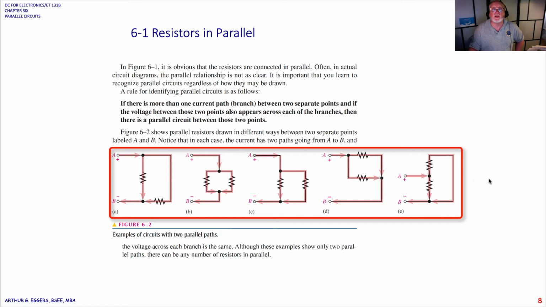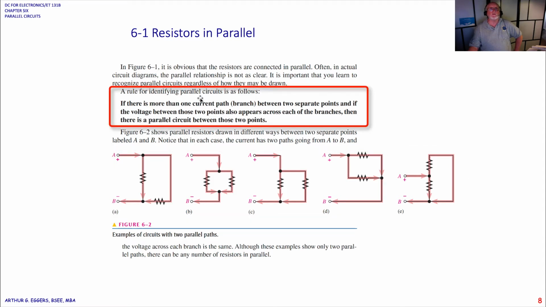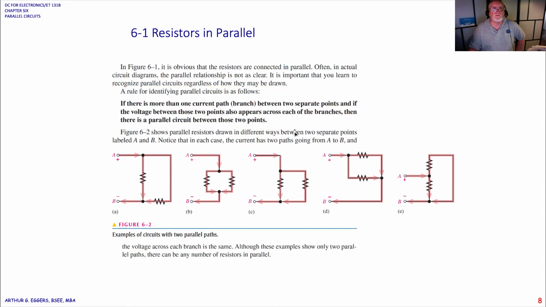So you have to get used to looking at these circuits and realizing when you have a parallel circuit or a parallel network. If there's more than one current path or branch between two separate points, and if the voltage between the two points also appears across each of the branches, then there is a parallel circuit between the two points.